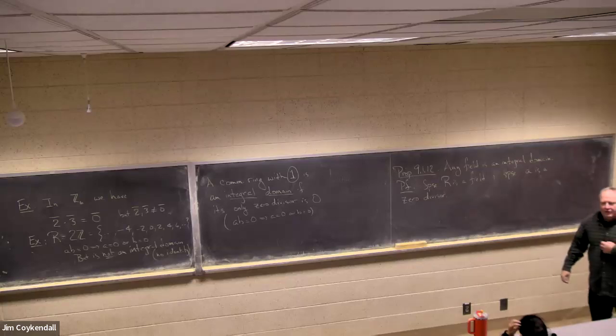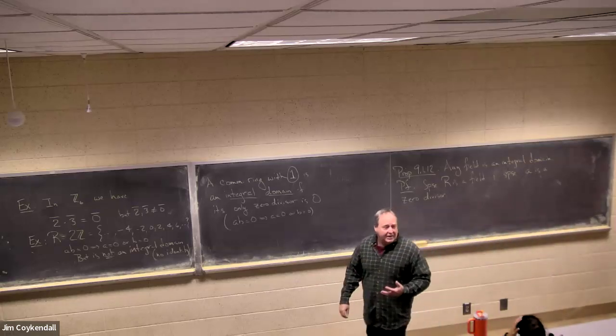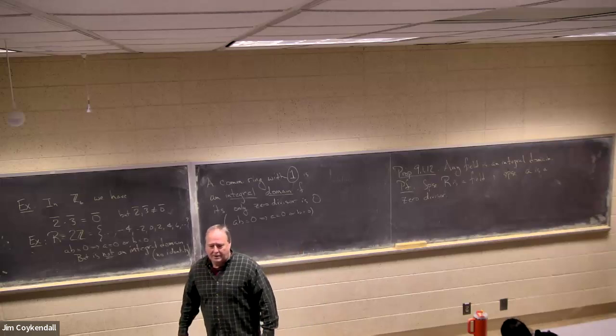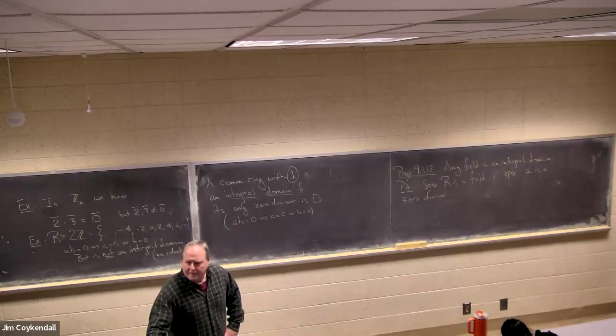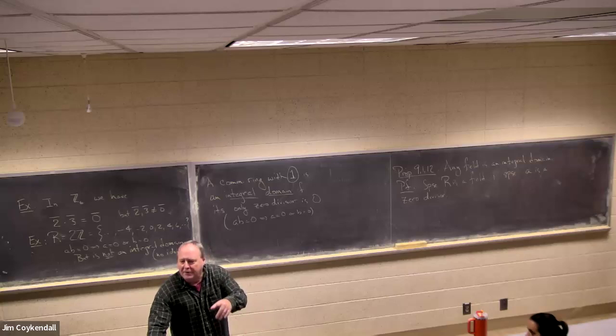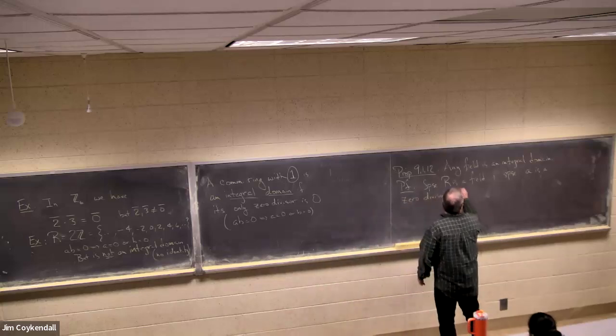What does it mean to be a zero divisor? So let's get down to the nitty gritty of that. That's right. There's a B such that A B equals zero, but I've got to ask you for something else.